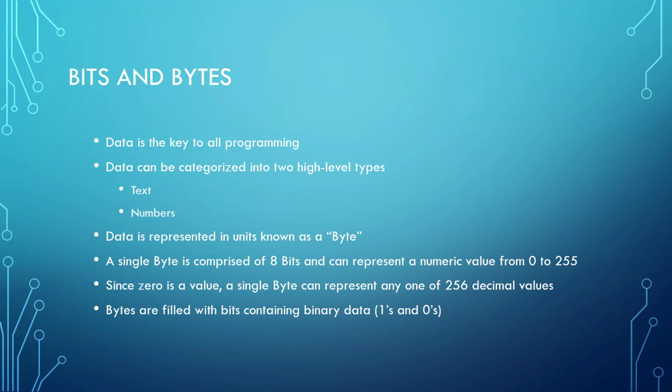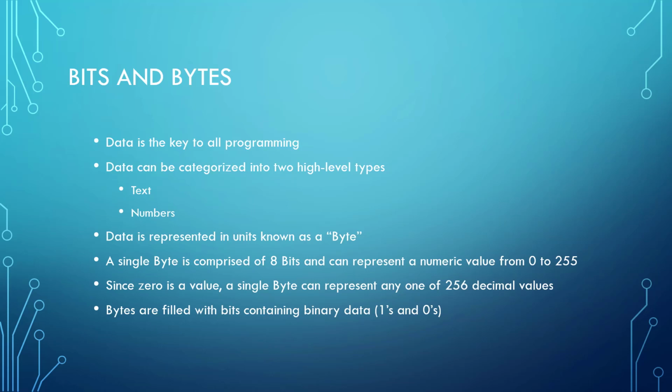And a single byte is comprised of 8 bits. Now, bytes are filled with bits containing binary data, ones and zeros. So essentially, when we talk about the fundamental building blocks of data, it really is bits and bytes. And all you really have to understand is ones and zeros.